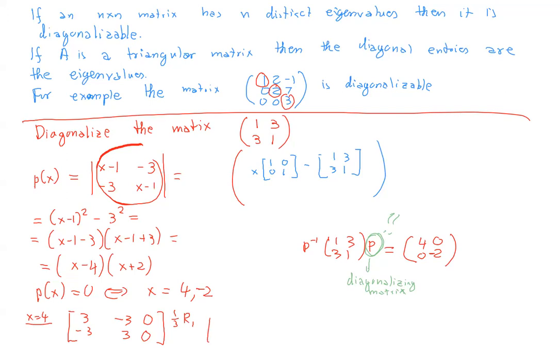And this is going to give you 1, negative 1, 0, negative 3, 3, 0. And now you're going to do plus 3 row 1 plus row 2. So this is going to give you 1, negative 1, 0, 0, 0, 0.